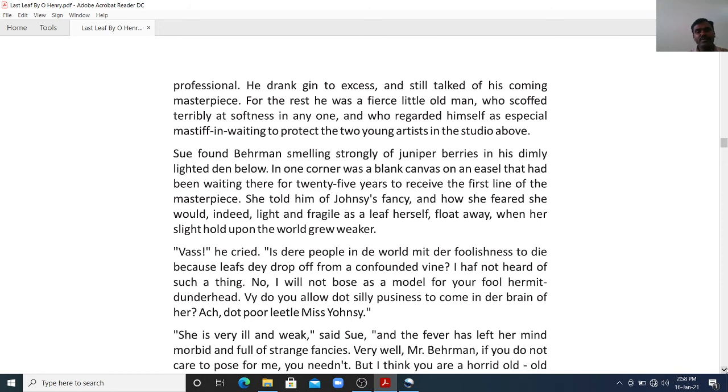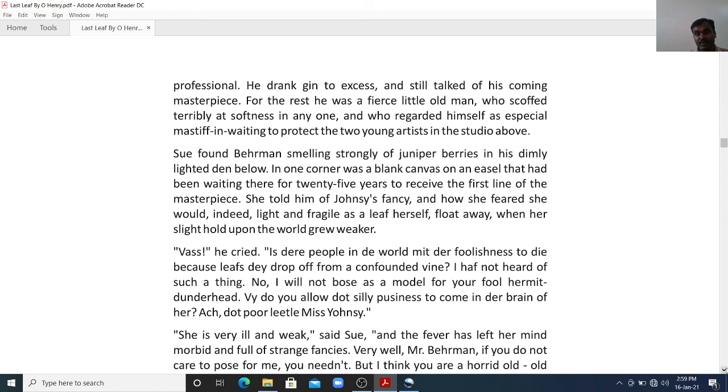In one corner was a blank canvas and an easel. So in one corner there was a blank canvas. Canvas is the supporting cloth for a drawing to be drawn, and an easel that had been waiting there for 25 years, on the frame, which he had wanted to draw.